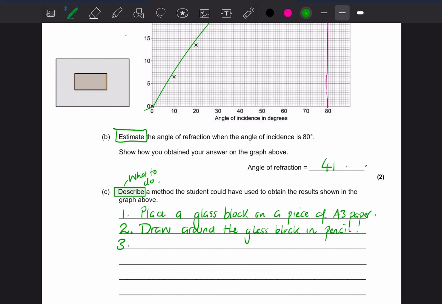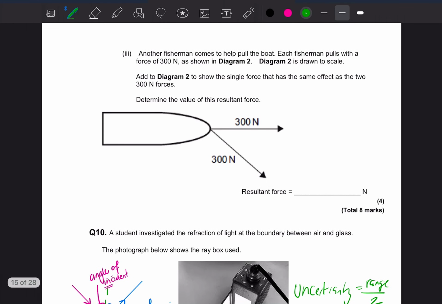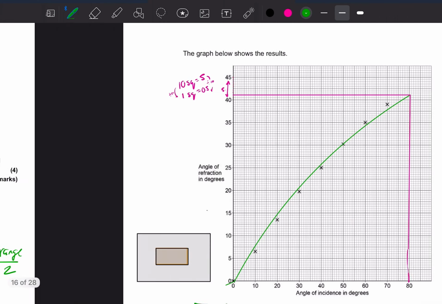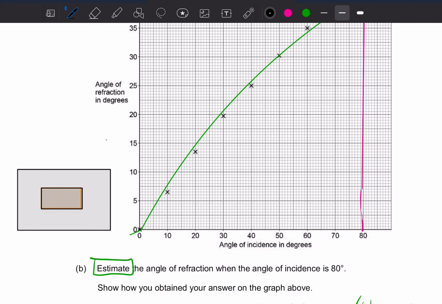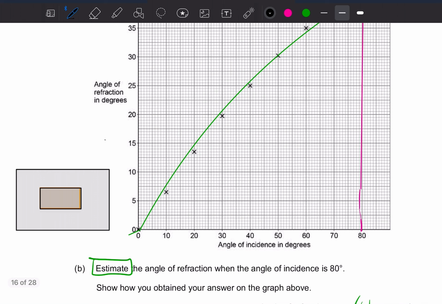Step three. So the third thing we're going to use, we're going to go back to this, and we see we've got a ray box. We need a ray box. Before we shine it at the glass block, what we need to do is establish this normal line. So I'm going to draw my normal line on, in green. Remember, the normal line is a line at 90 degrees to the boundary of the object, so the glass block in this case.